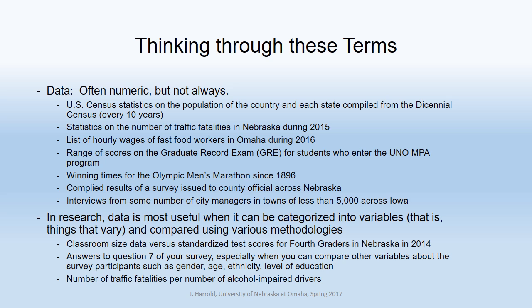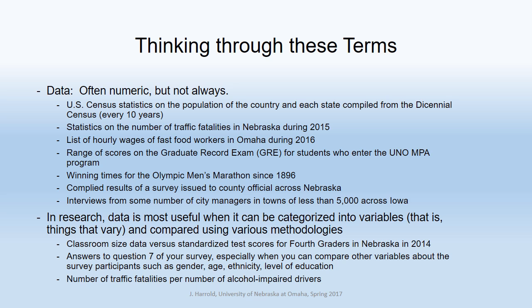So your hypothetical survey you sent out, answers to question 7 of your survey, especially when you can insert other variables in there, such as the survey participants by gender, by age, by ethnicity, by level of education. And so then you're starting to compare variables.